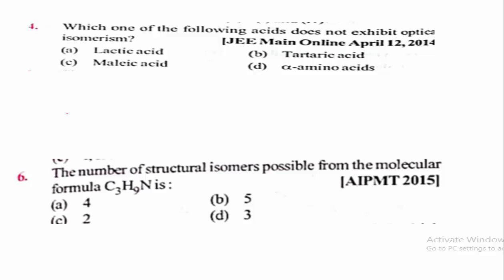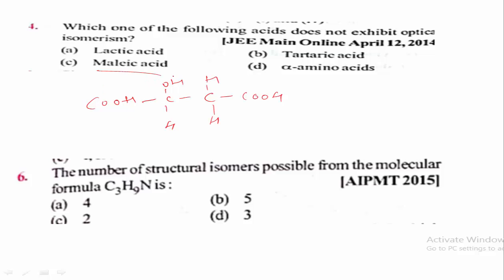Yes, I write the malic acid structure: COOH, here CH2, and here CH, OH, and here COOH. This is the structure of malic acid.